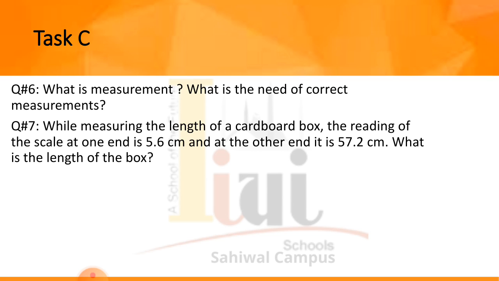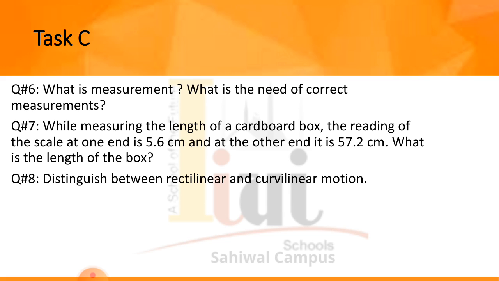But here 5.6 centimeter is the starting point and the ending point is 57.2. So you have to take 5.6 centimeter as your zero marking and the final value as 57.2 centimeter, and calculate the length of the box.